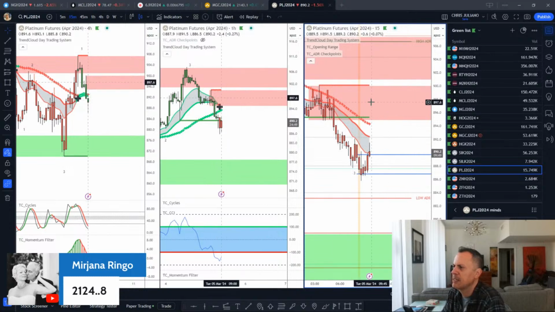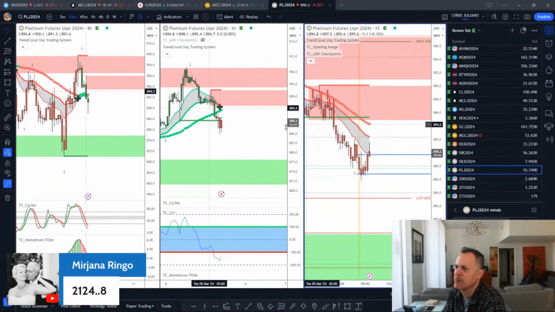This would be a bull trap, right? Trend is not completely down, right? We still have that green 50 simple with a whole bunch of downward momentum.